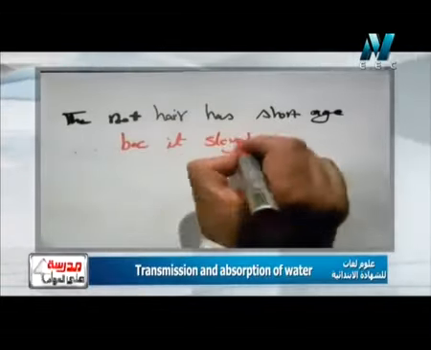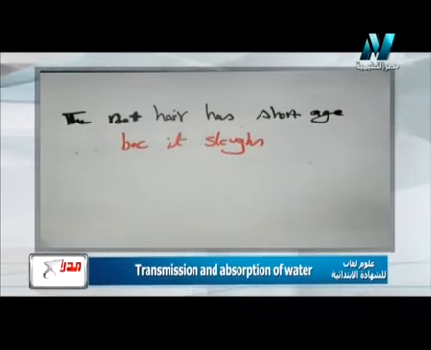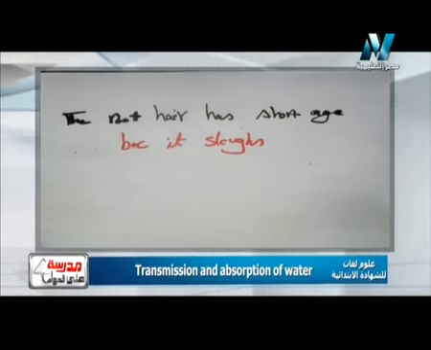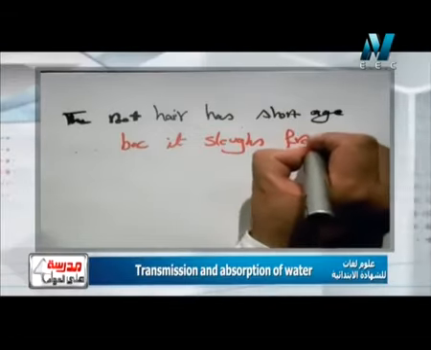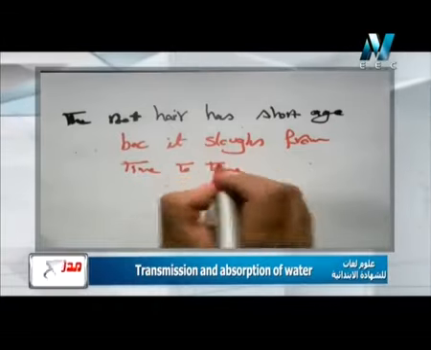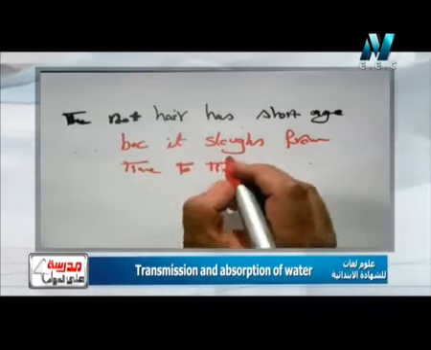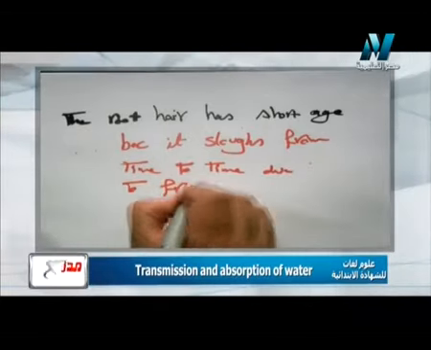Okay, can you give me another meaning for sloughs? It makes friction with the soil. Yeah. Okay, it makes friction with the soil, so it sloughs from time to time. It can be worn out. Yeah, can be worn out from time to time, due to friction.